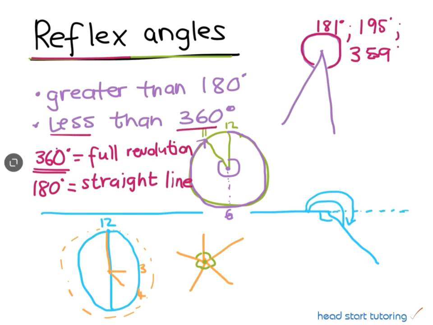And if we consider 360 degrees, that is not less than 360 degrees, it is 360 degrees. So we call it a full revolution. It is not a reflex angle. And our 180 degree angle is a straight line. So a 180 degree angle is not a reflex angle either.